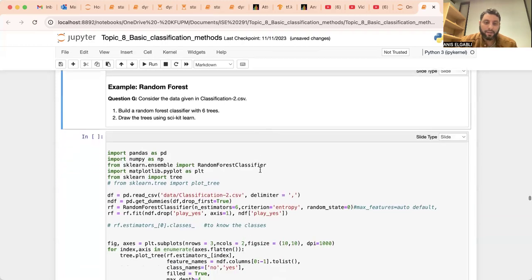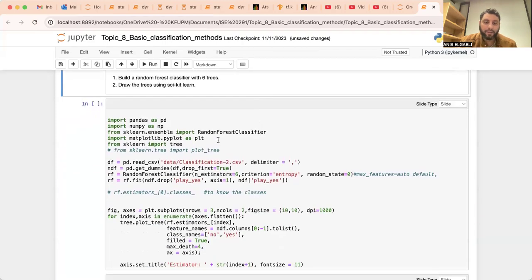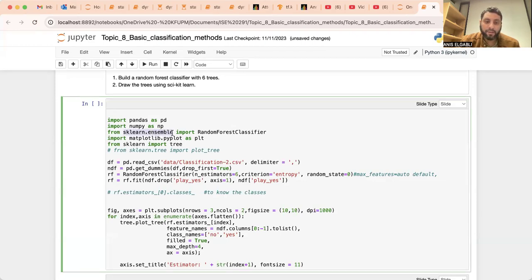Okay, let's look at how we actually build a classifier using a random forest from the scikit-learn library. From sklearn.ensemble, we import RandomForestClassifier. So it's under ensemble methods.